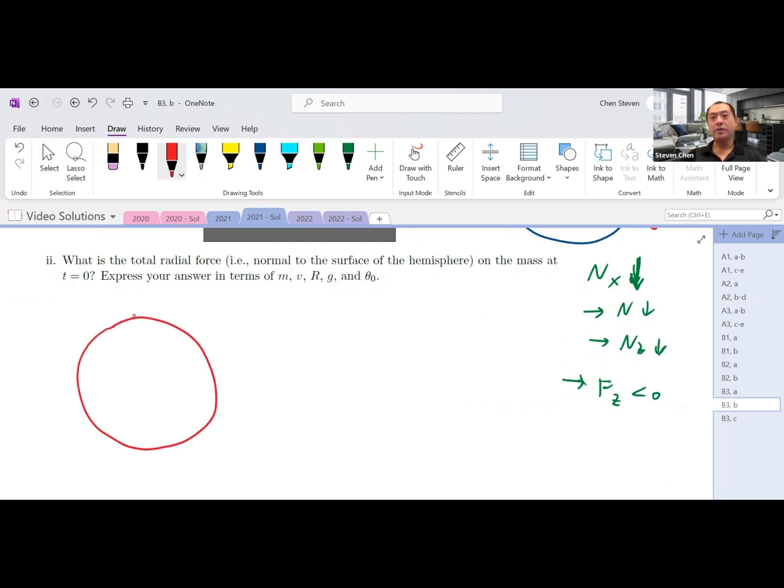This is what we know. Suppose in a two-dimensional plane, a 2D plane, there's a mass that is making a circular motion.